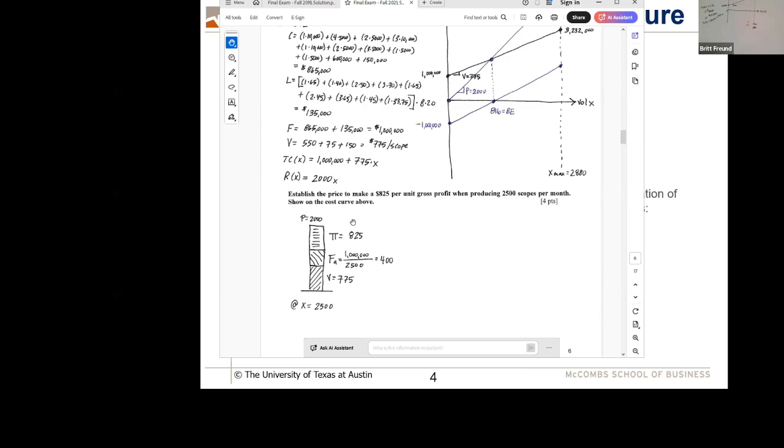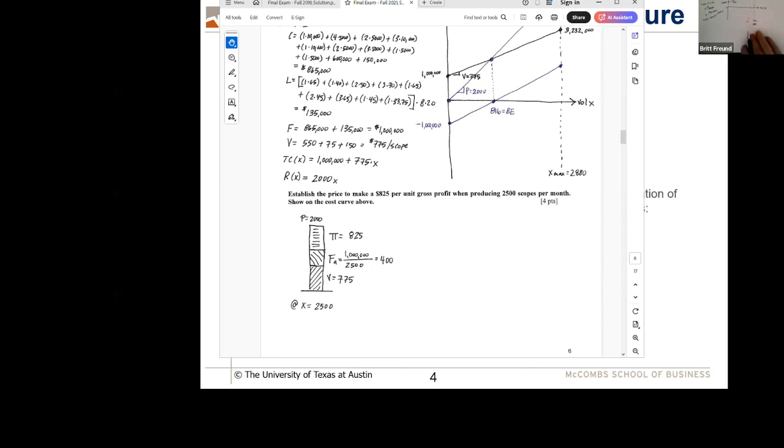So there are 2,500 scopes, and for each of those 2,500 scopes, I made $825 in profit. I had to set aside $400 for each scope, because if I did, spread out across 2,500 scopes, I would have covered my $1 million. So that covers my fixed cost. And then I have my variable cost. So you can do it like this to figure out that the price would need to be $2,000. Fine with me if you do it that way. That's probably the way I think about it, but you do what you do.